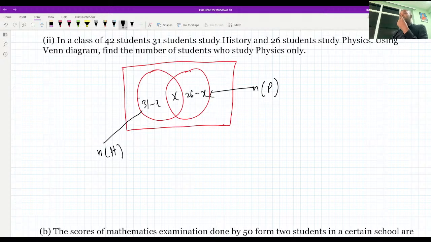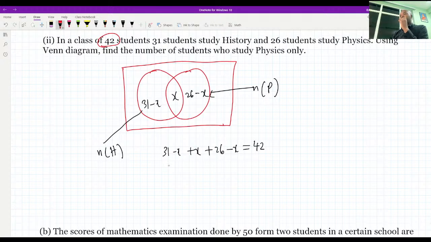So eventually, combining all these details here, 31 minus x plus x plus 26 minus x is equal to 42. And the assumption is all students will be taking either physics or history or both of them.